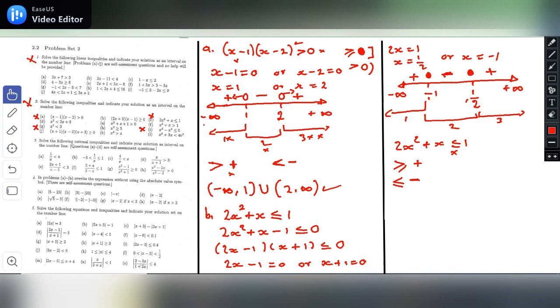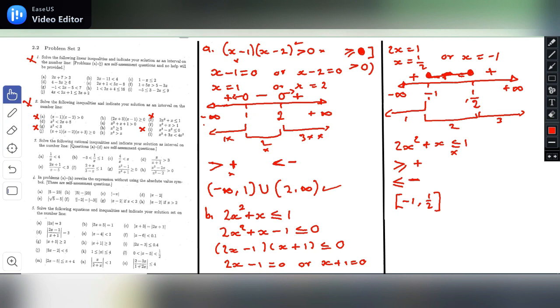So this one has to go this side and this one has to go this side. They are just going to meet each other, right? So our answer is going to be -1 and 1 over 2 closed brackets, because these are the values for the negative sign.